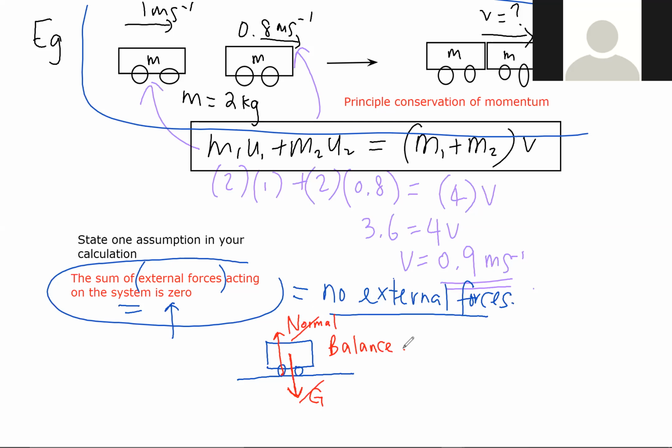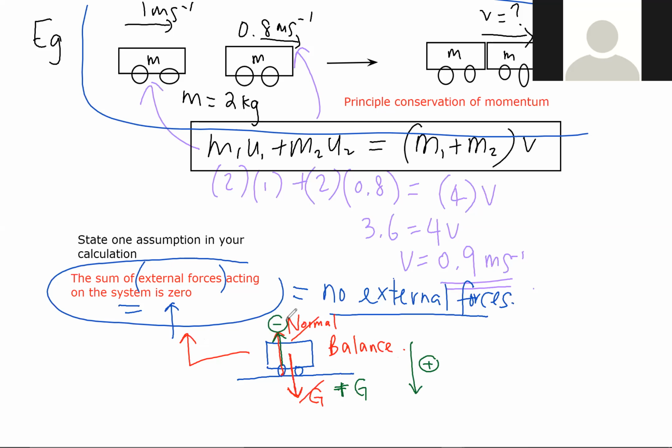So it is the proper way to say the sum of external forces. Meaning that if you take the gravitational force plus the normal force, you will get 0. What does that mean? Let's say the gravitational force is positive g, acting downwards. If I take the downward direction as positive, then the gravitational force is a positive force, and the normal force, since it is acting upward, is a negative force.